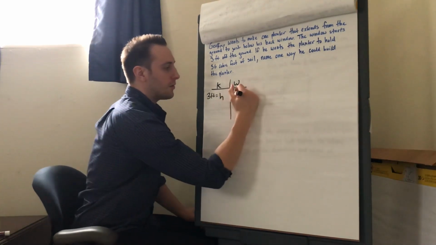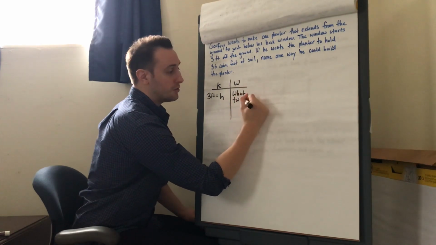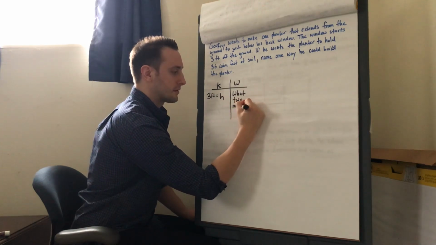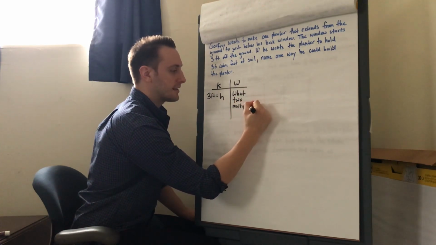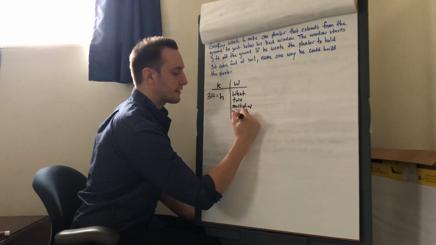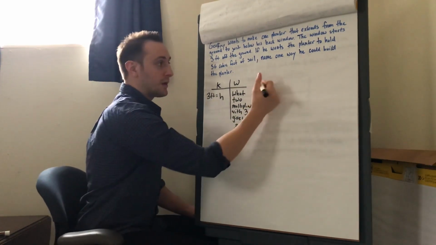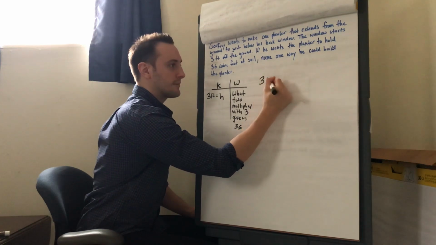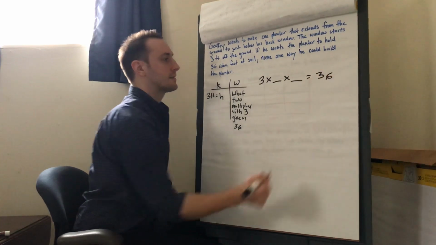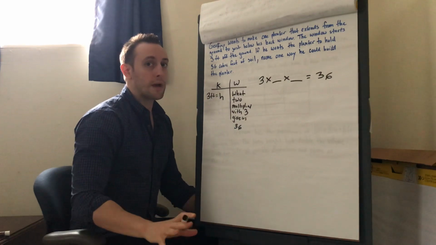What we want to know, what 2 numbers multiplied with 3 give us 36? In other words, we know the height is 3 times blank equals 36.